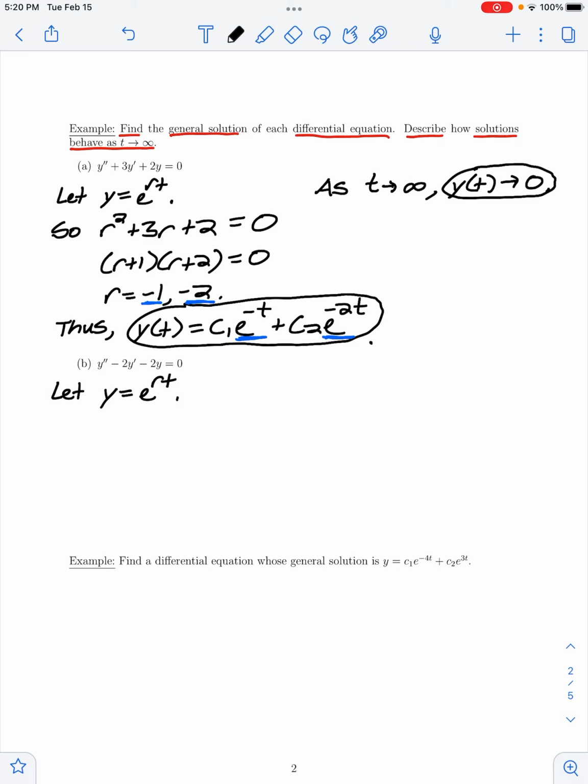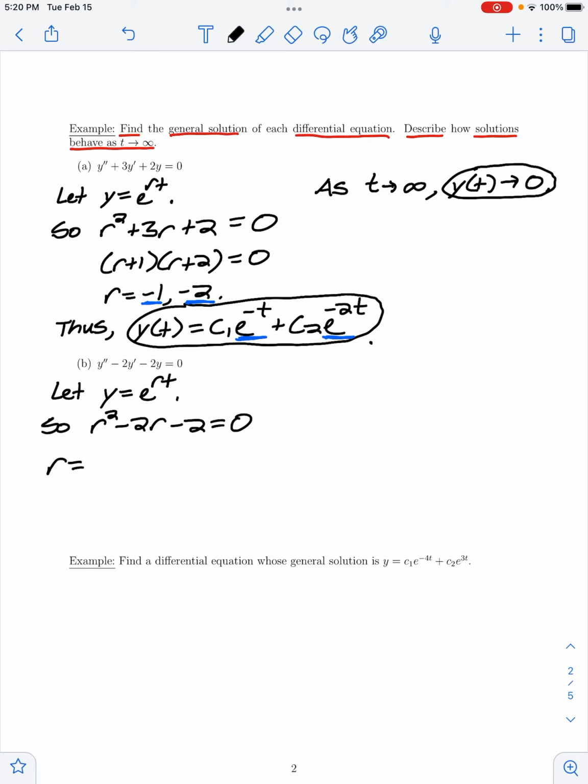Y equals e to the r times t, which means that r has to be a root of the characteristic equation 1r squared minus 2r minus 2 is equal to 0. And in this example, we see that this can't be factored nicely, like in the previous one, but we can always find the roots of a quadratic by applying the quadratic formula.